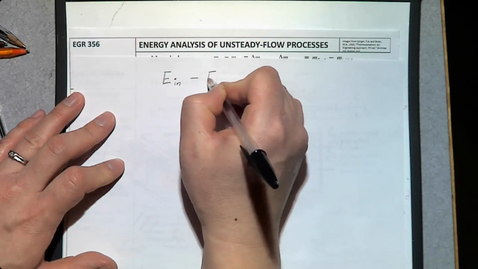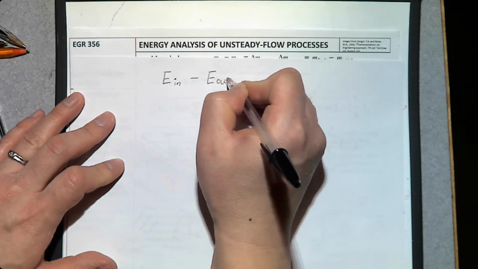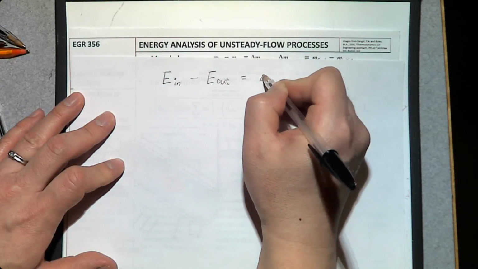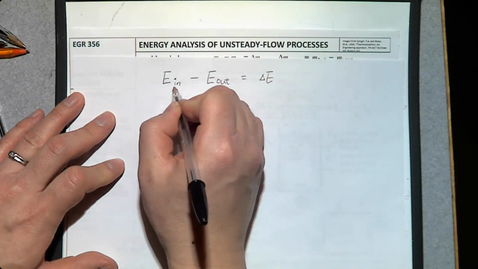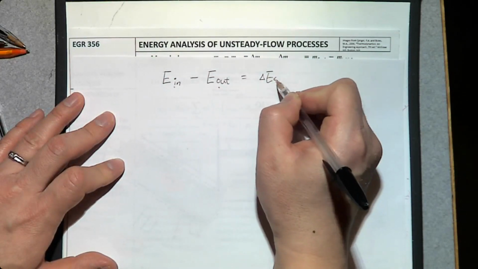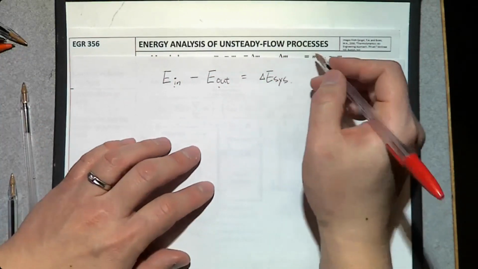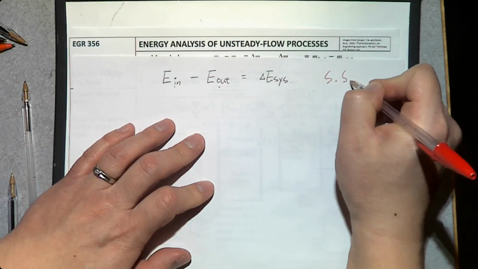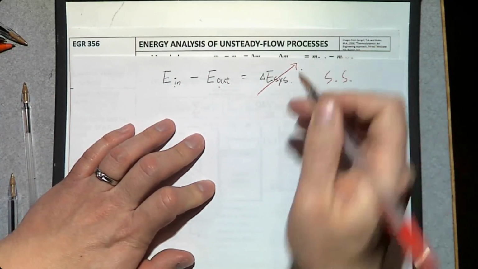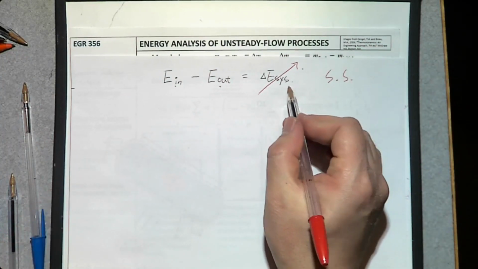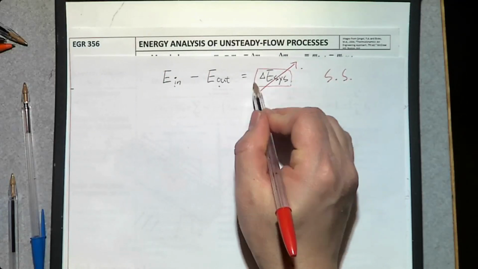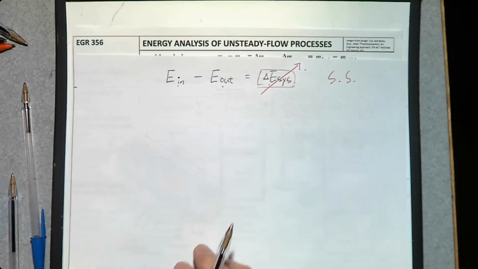So from the original energy balance equation, energy transfer in minus energy transfer out is the change of energy of a system. When we had steady state, we neglected the right-hand side, which is a time-dependent term. What happened to the system before and after?